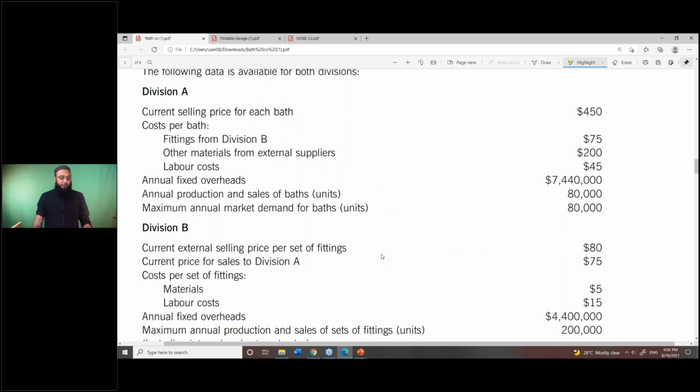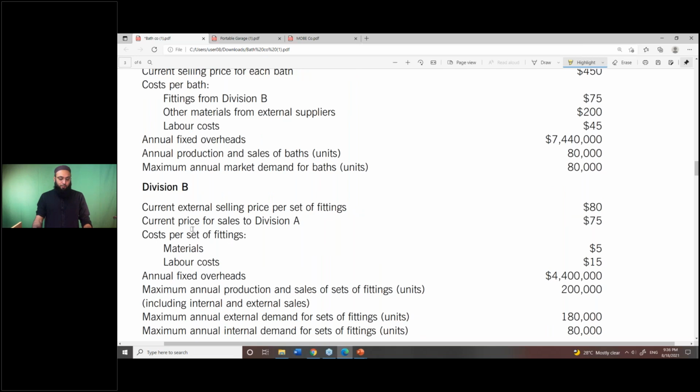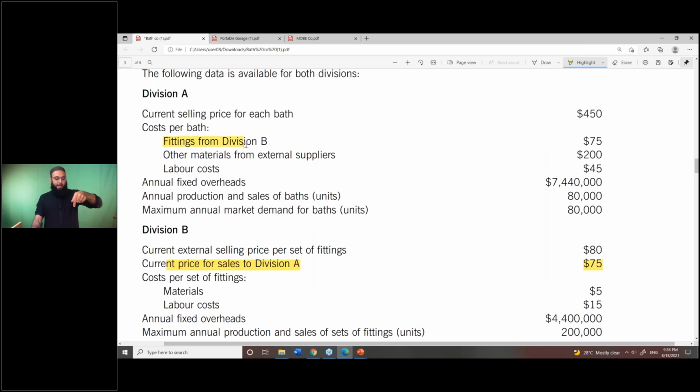So you can see B is selling to A at a price of 75. So this is revenue for the seller and this is fittings from B, cost for the buyer. So this is how you find out the current policy about the units and the price. So that 75 is the current transfer price. Understood?